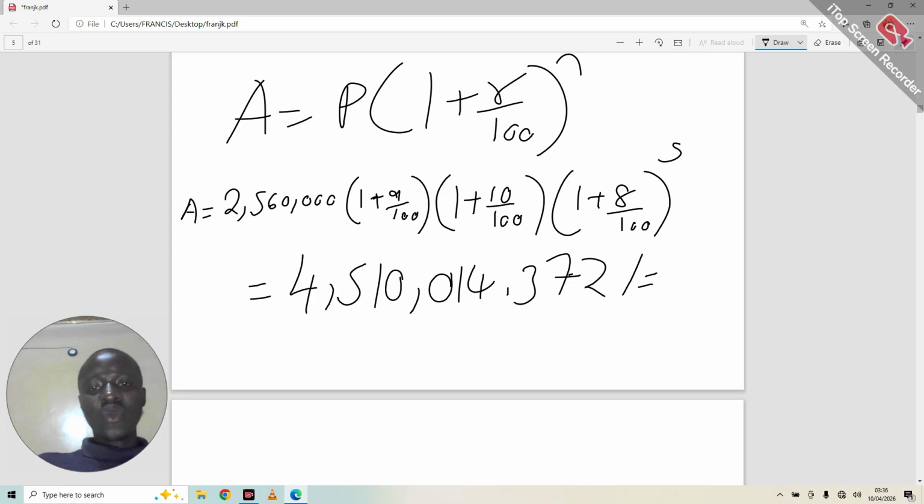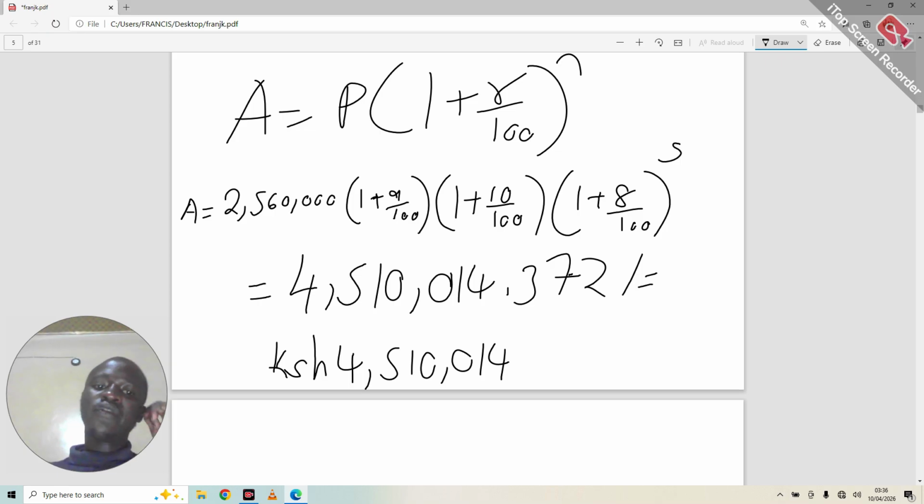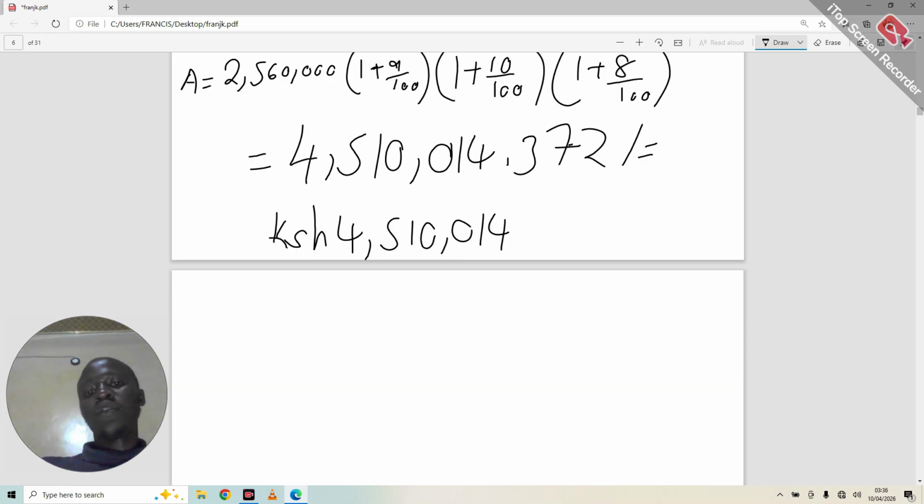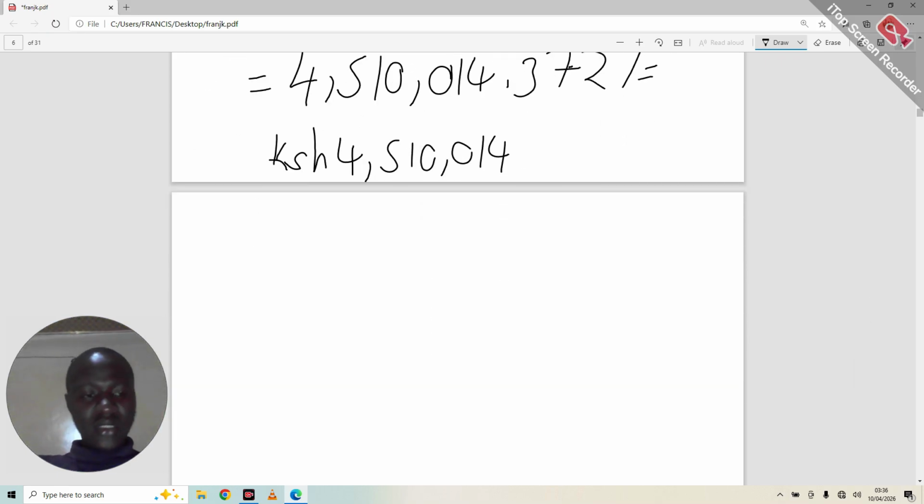So because we have shillings, and I've said it's advisable to have shillings to the nearest whole number, we have 4,510,014. So that is that. Let's check on more questions, more examples, so that you have the topic mastered very well.